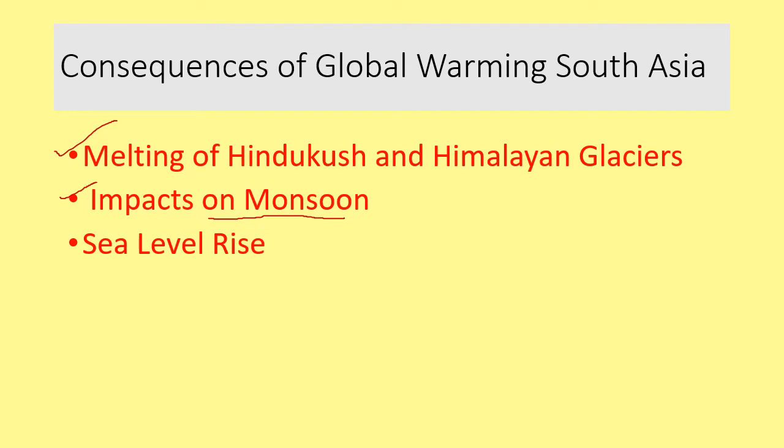So lifestyle, economy, all these things depend on monsoonal rainfall. So changes or disruption in the monsoonal pattern lead to an adverse impact on the South Asian economy and people's lifestyle. And third one is changes in sea level.